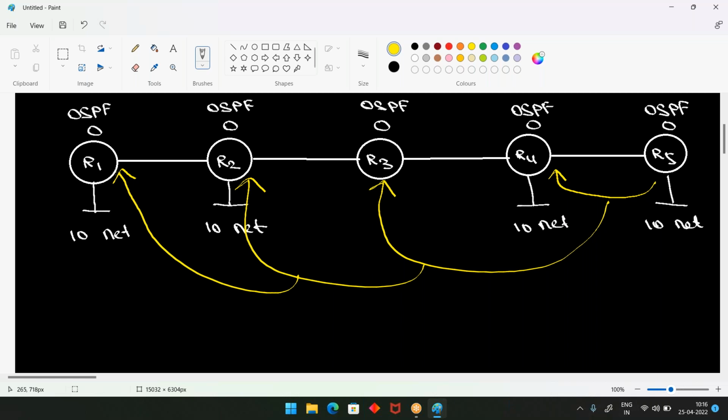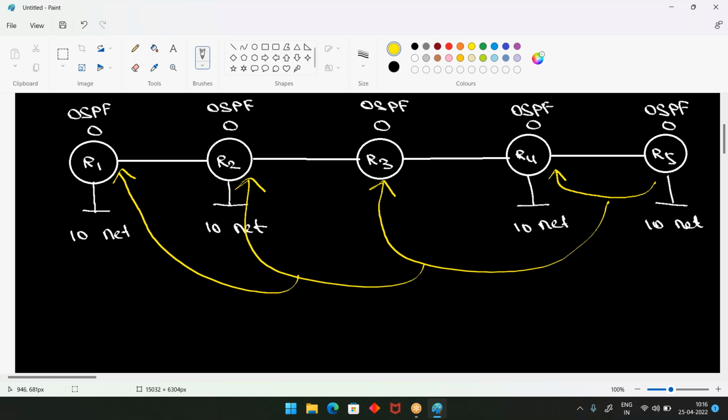That means these 5 devices will exchange their complete network information with each other, if these 5 devices belong to the same area.